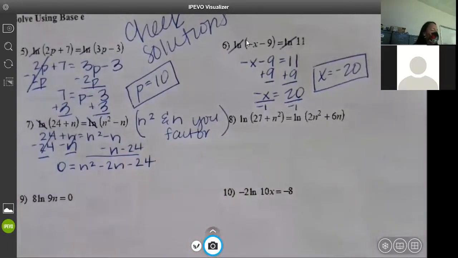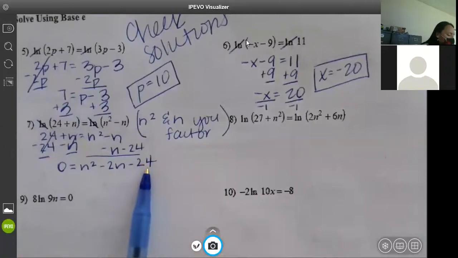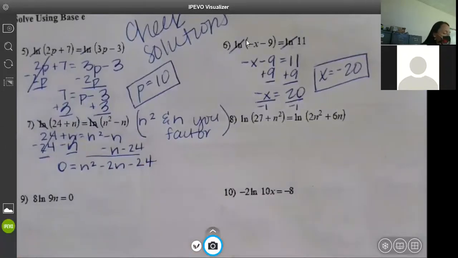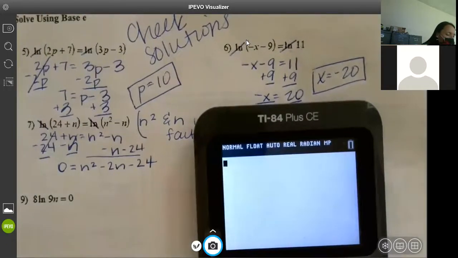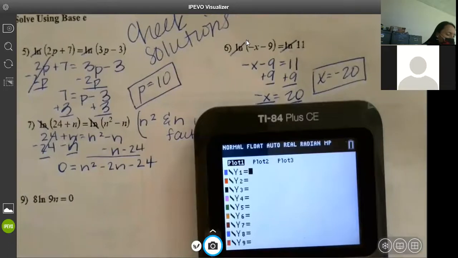We can use cheater method on here. Factors of negative 24 that add to negative 2. If you don't know what those are, remember you can use your calculator. I'm going to show you one more time how to put it in your calculator. So you would do negative 24 divide x, negative 24 divide x plus x. And again, I know that you probably know these factors. I'm just showing you in case you get a number you don't know in your homework.